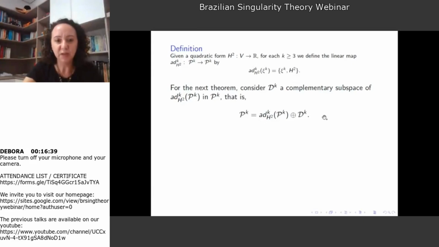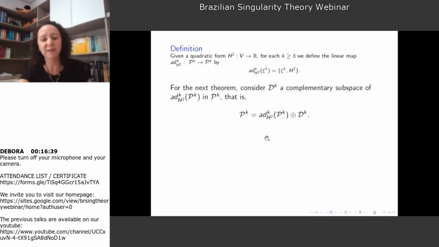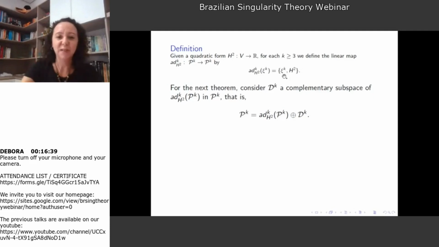With this definition, we consider a decomposition of the set of polynomial functions of degree k, Pk: the image of this map, which is difficult to read, and Dk, a complementary subspace in Pk of this set. Dk is exactly the subspace we need to describe in order to obtain a normal form.